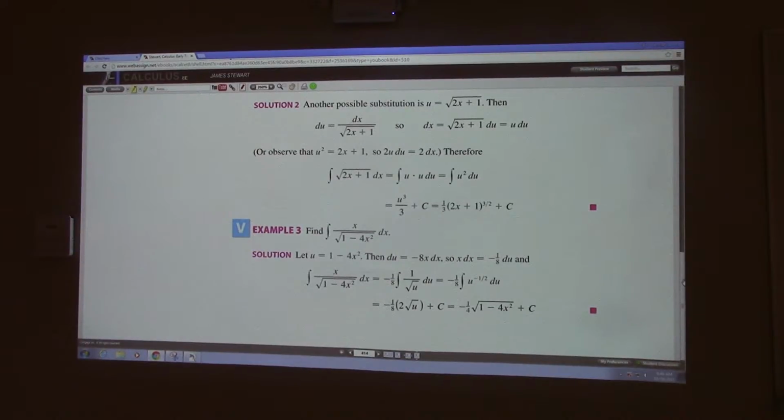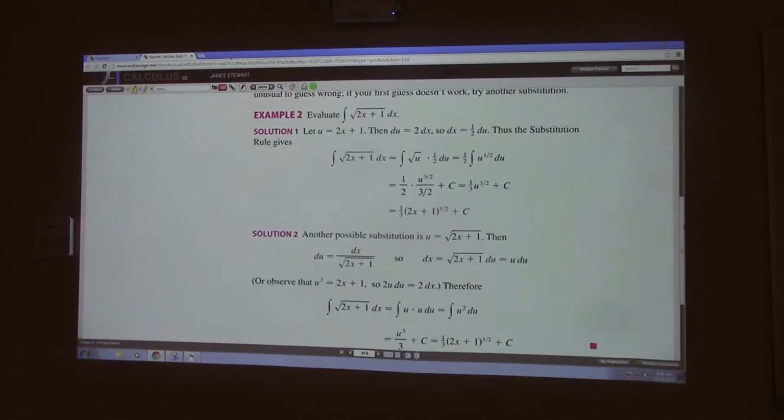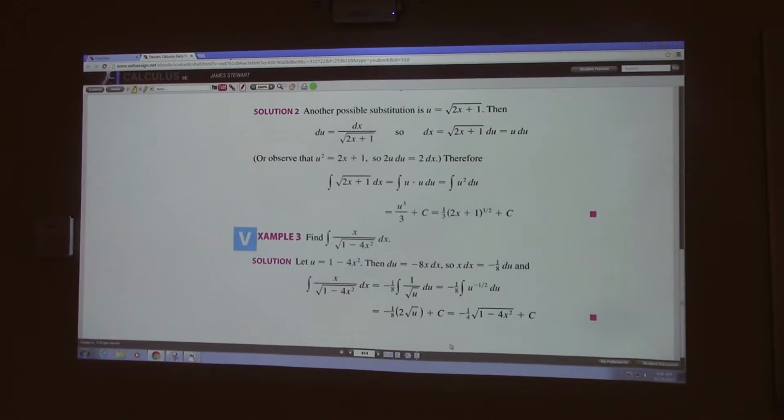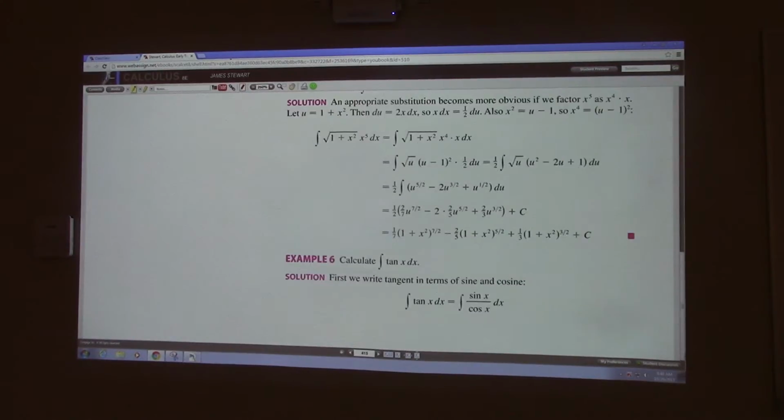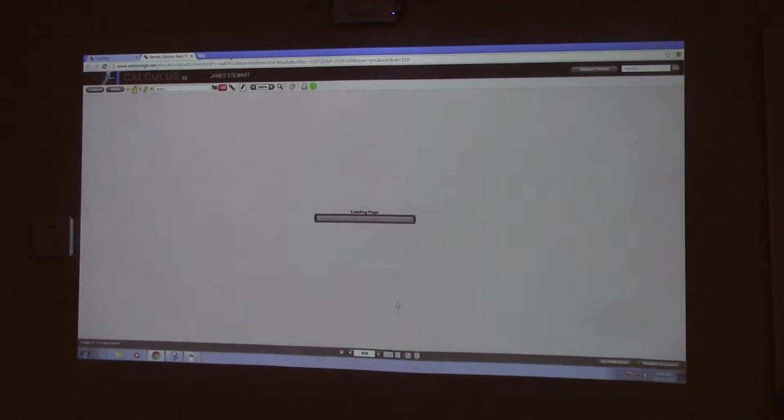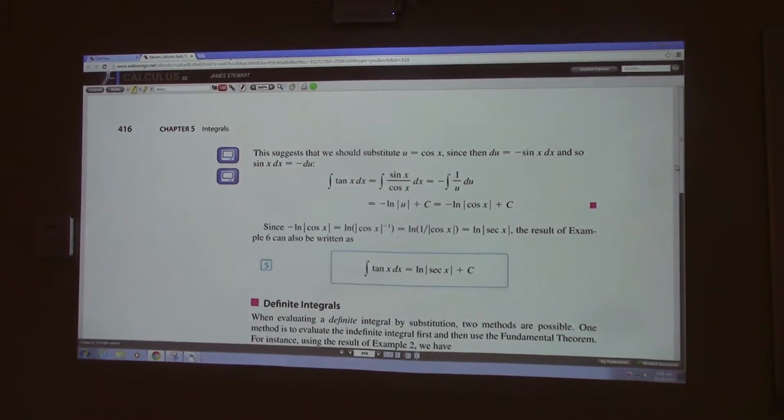All right, here's another one. Why do they got to use these? I don't like using these. Let me find one that's... Well, it's kind of hard to find one when they start off with the most complicated ones. Let me go to the homework.